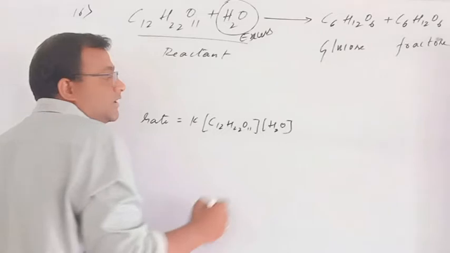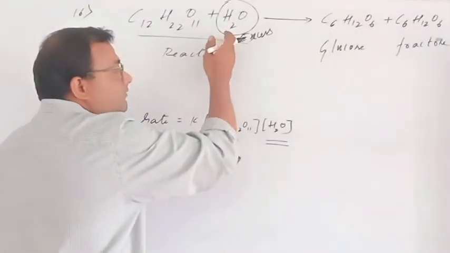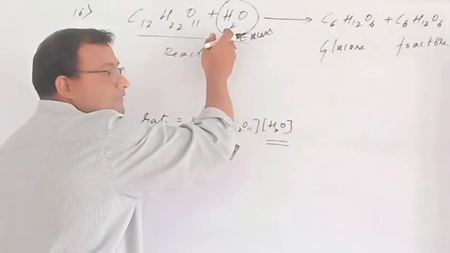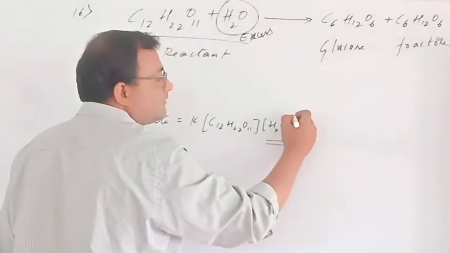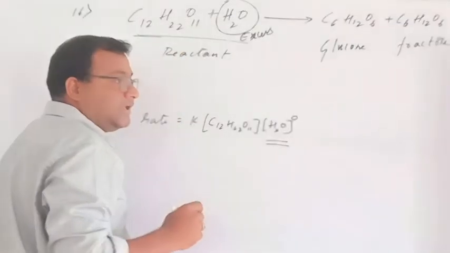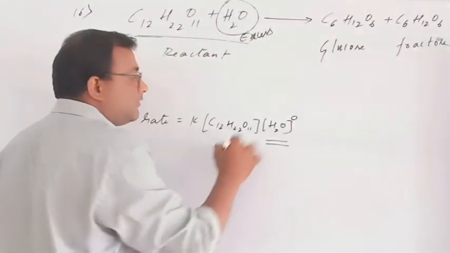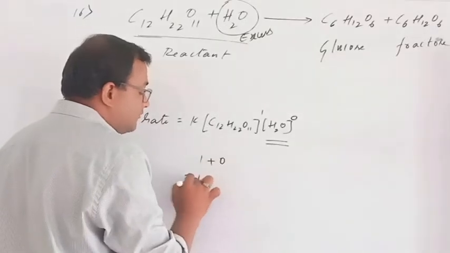Where this is taken in large excess, there is no change, even very small change in the water, so that its order is considered as zero. Where this is taken in a limited quantity, very small quantity, so its order is considered 1. So order is 1 plus 0, so first order.